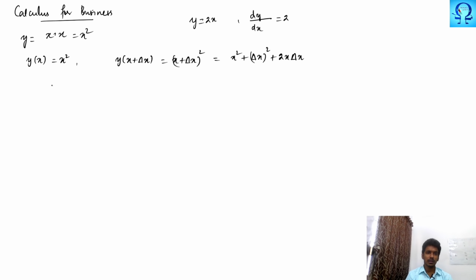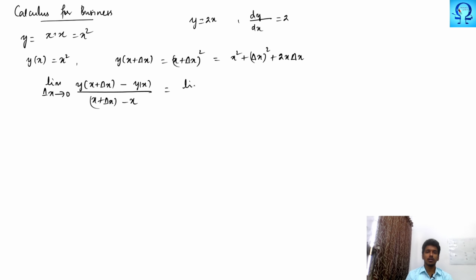Right? Now let us calculate the limit as delta x approaches 0 of y of x plus delta x minus y of x, divided by x plus delta x minus x.